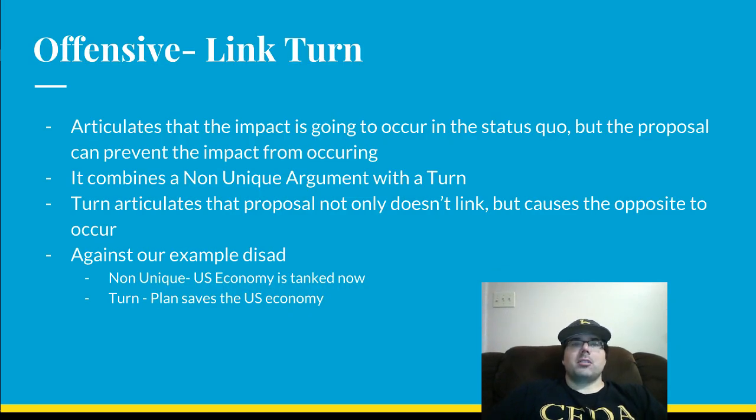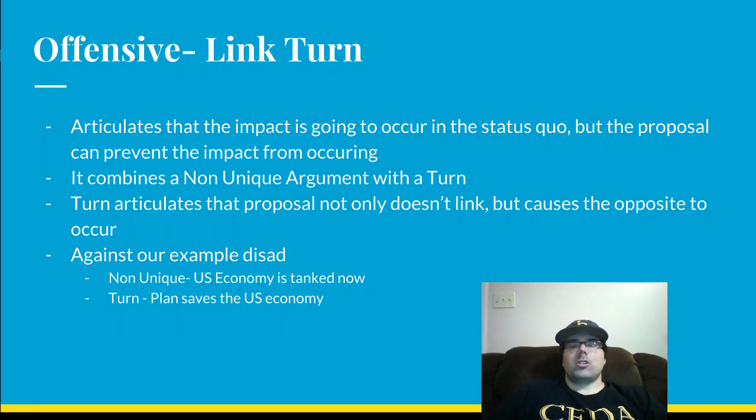There are two types of offensive arguments. The first is a link turn, and it articulates that the impact is going to occur in the status quo, but the proposal can prevent that impact from occurring. So it combines a non-unique argument that was described earlier with a turn.